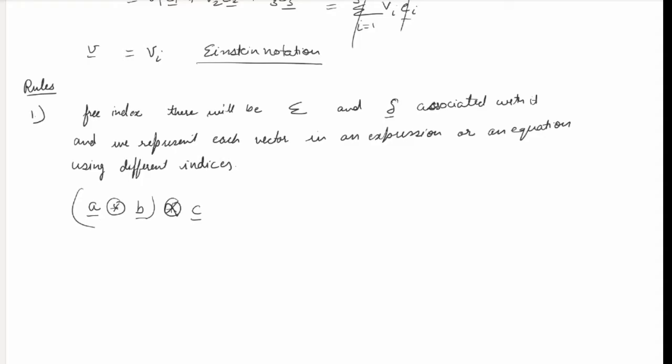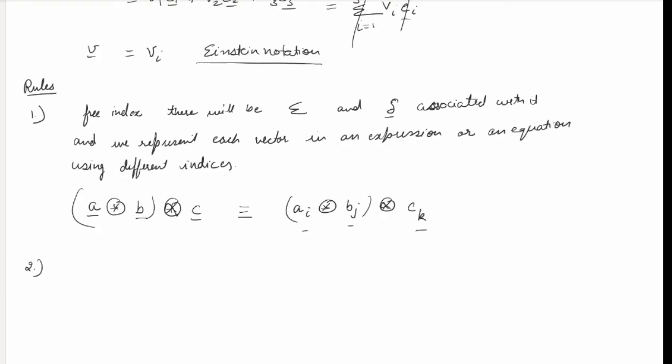Then if I want to write it in terms of Einstein notation, then I will write A with an index i with some operation with B and B with an index j and with some operation C with an index k. I will always use different indices to represent different vectors, and all these indices will have a summation sign and direction associated with it.